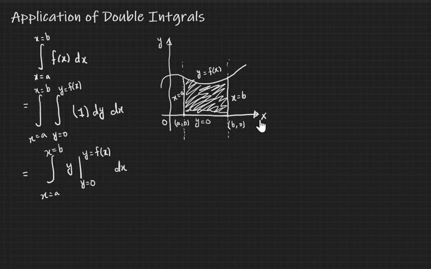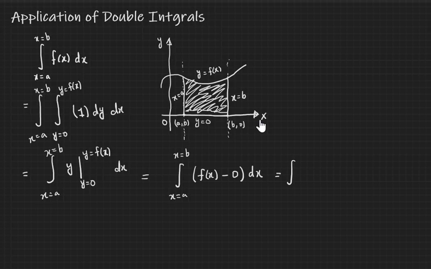Now applying these limits, x equals a to x equals b, and y equals f of x, so this would be f of x minus y equals 0, and then dx. So f of x minus 0, that would be f of x.